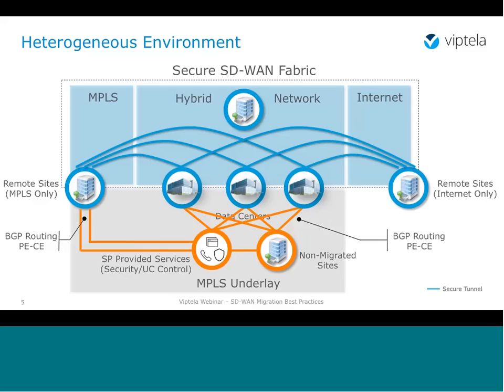As outlined in this slide, the BGP protocol is used to interoperate with an existing MPLS network, and BGP is a de facto standard for an MPLS deployment. The ability to incorporate that BGP intelligence into the overlay routing that exists on the SD-WAN fabric is an extremely important, essential element of the solution.